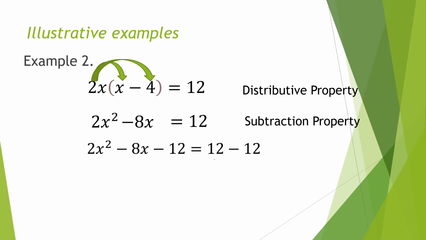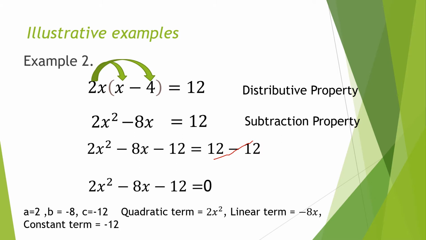So 12 minus 12 is now 0. So the original equation becomes 2x squared minus 8x minus 12 is equal to 0. This is now the standard form of the equation. Where your a is equal to 2, your b is negative 8, and c is negative 12.